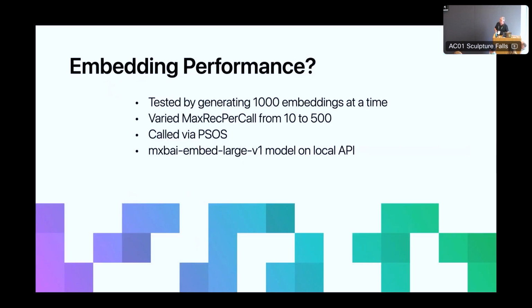So the next thing we look at is embedding performance. I'm going to try to speed up because I've been a bit too slow. I tested this by generating 1,000 embeddings at a time. I called this using perform script on server to minimize the effect of my network. And I used a model on my local API that I wrote.